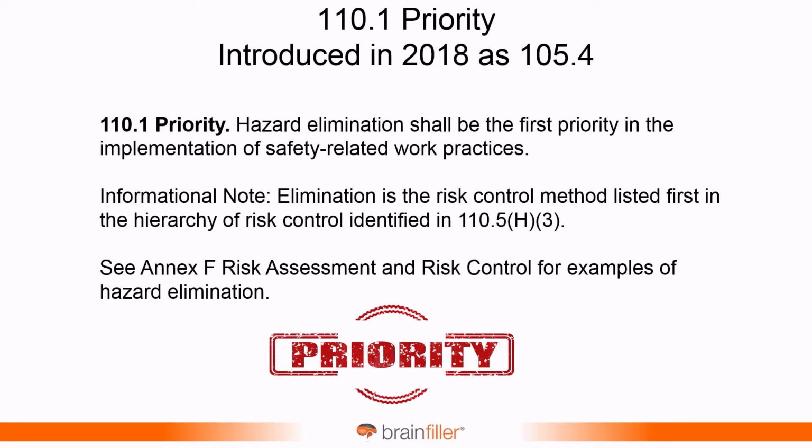And there's also an informational note that references that hazard elimination is top on the hierarchy of risk control methods. It's at the top. And even the annex about risk assessment gives examples of hazard elimination. Elimination is number one for all of this.